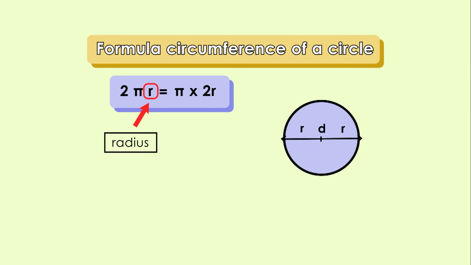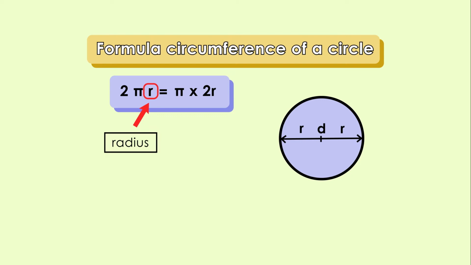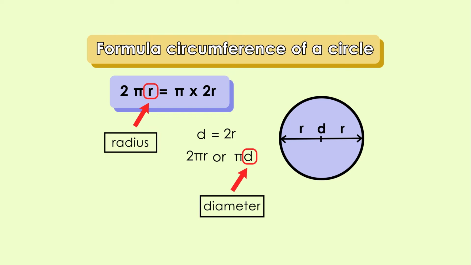Aha! Did you see that? That's right. The diameter is equal to 2 times the radius of a circle. Therefore, the formula for the circumference of a circle is 2 pi r or pi d, where d is the diameter.